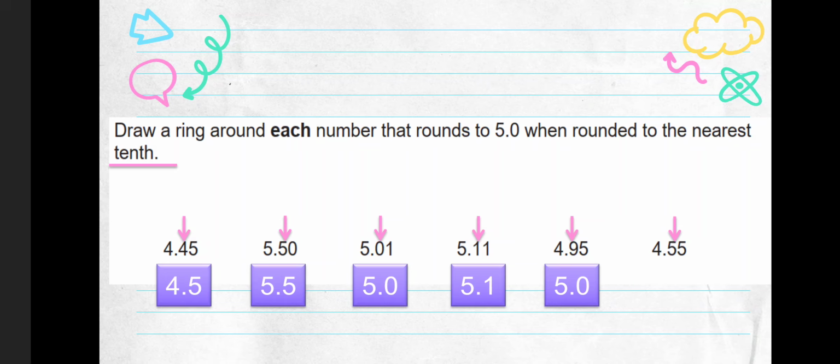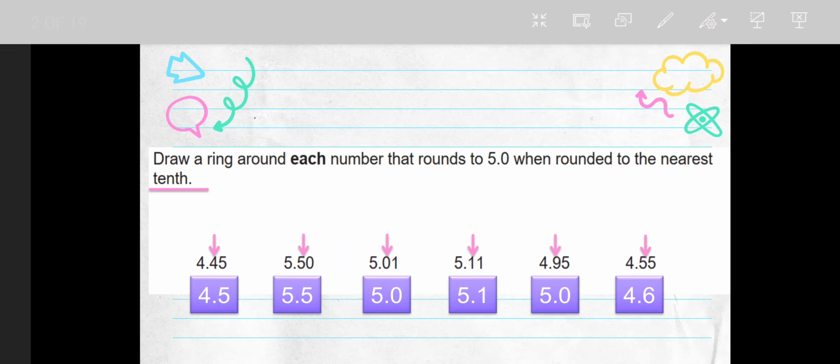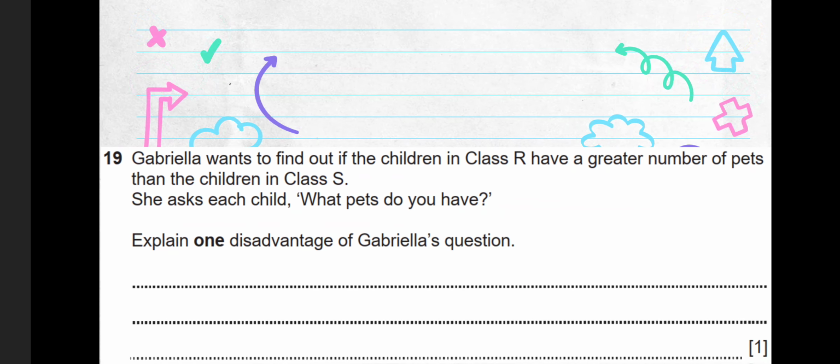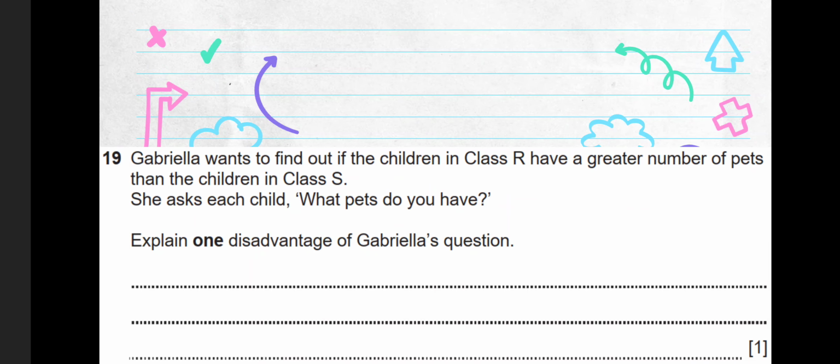Next door is 5, so it will be 4.6. So now, which numbers round to 5.0? We have two numbers: 5.01 and 4.95.